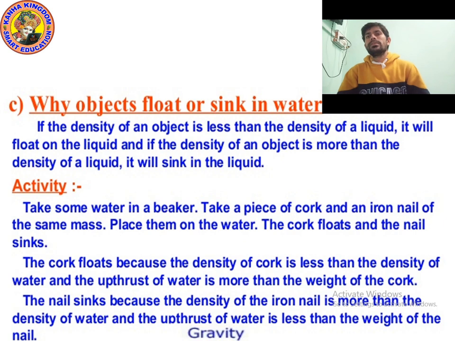That's why it sinks. The same thing applies to a ship. Why does the ship float and the nail sink? The ship floats because its density in kilogram per meter cube is less in comparison to the density of water, and the density of water is 1000 kilogram per meter cube. That's why it floats.